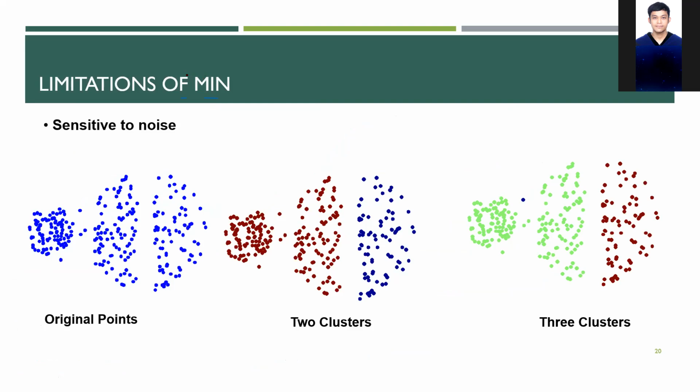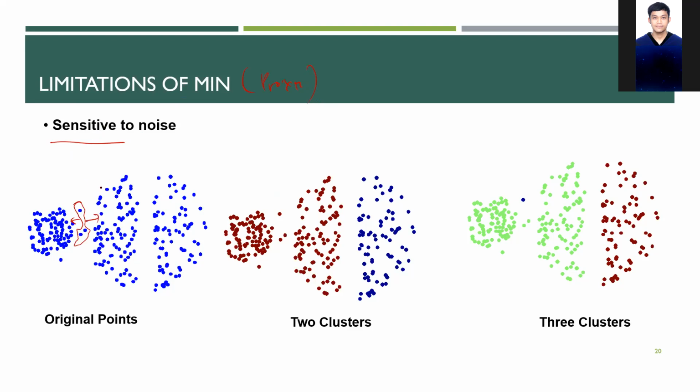However, of course, it also has limitations. One limitation of hierarchical proximity using minimum is that it is also sensitive to noise. For example, we have this original data, and you can see that, for example, here, a point can belong to the left one or to the right one.